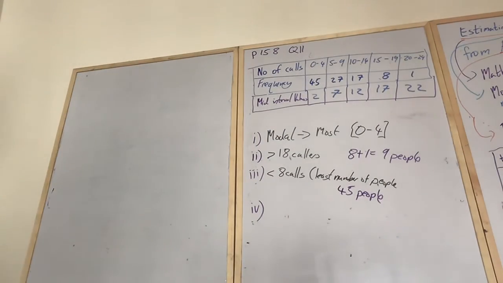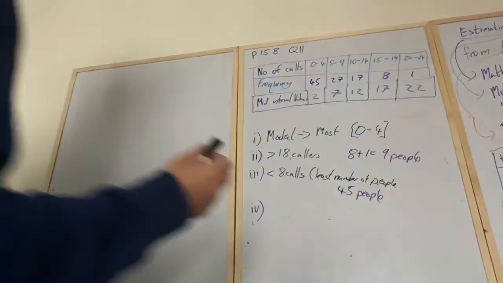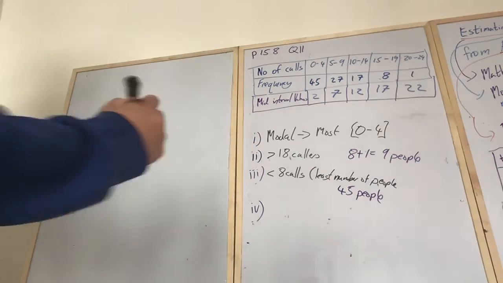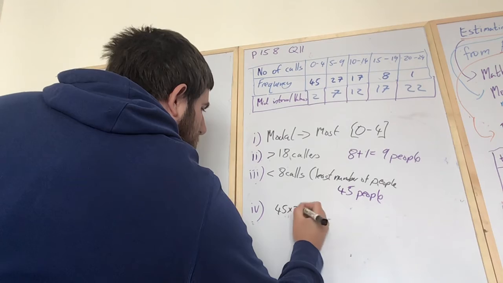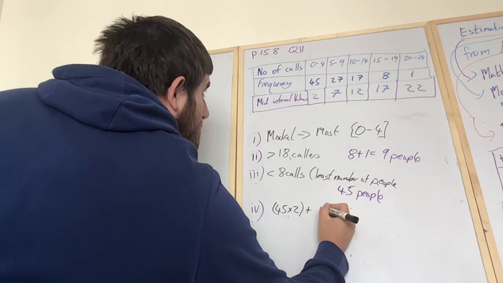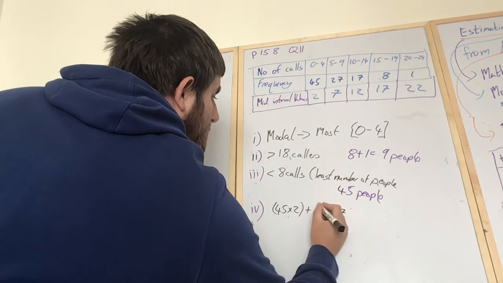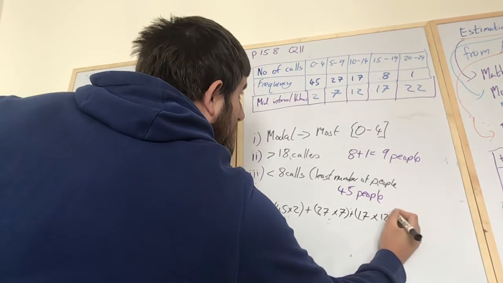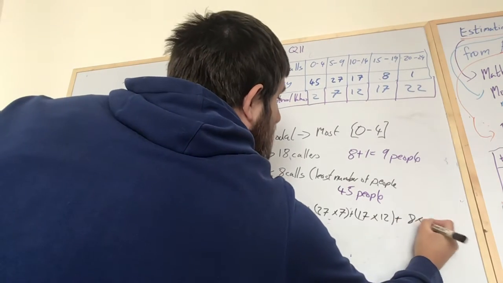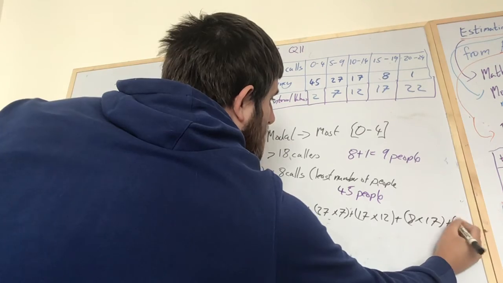Then you will have to do the sum of your frequency multiplied by the mid-interval value. So it's going to be 45 multiplied by 2, let's put that in a bracket, plus 27 multiplied by 7, plus 17 by 12, plus 8 by 17, plus 1 times 22.